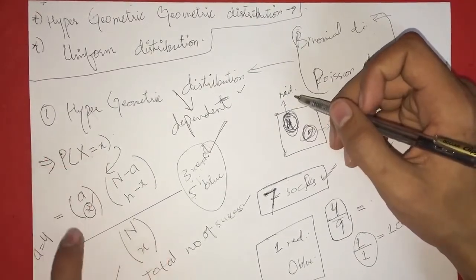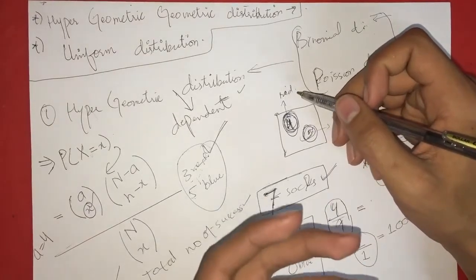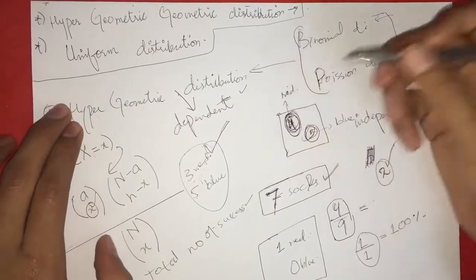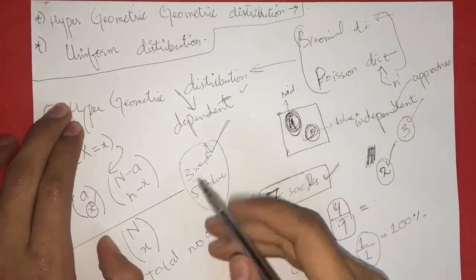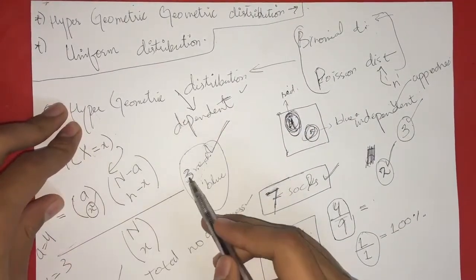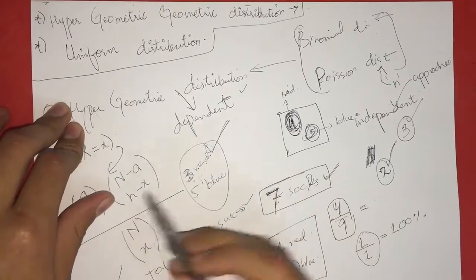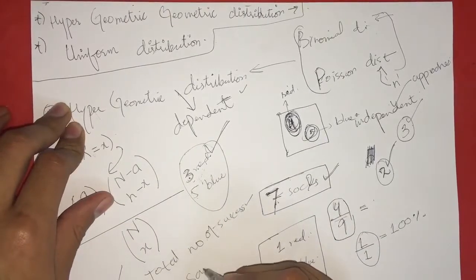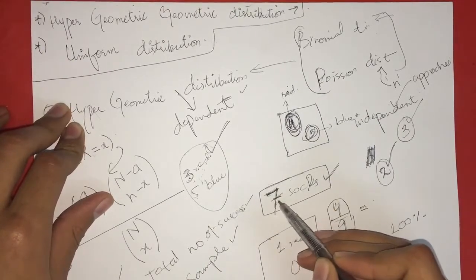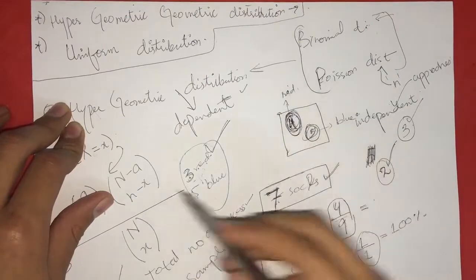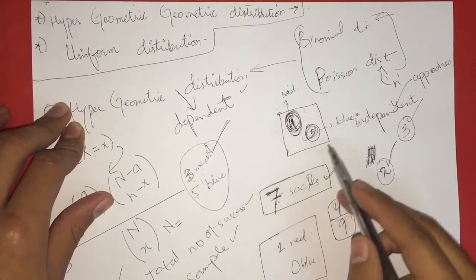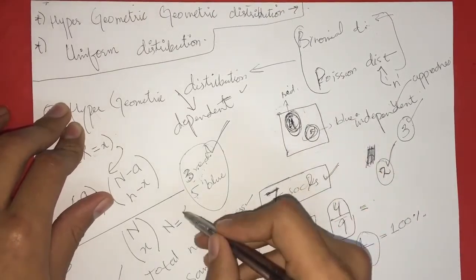Small x is the number you are interested in, so that is 3, because you're interested in the probability of 3 in this sample. Small n is the sample you just took out; the question gives a sample of 7 socks. Capital N is your total population, 4 plus 5, that is 9.